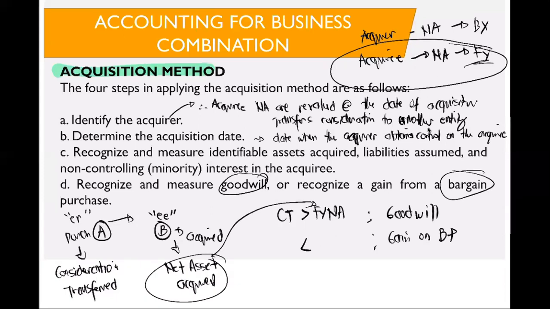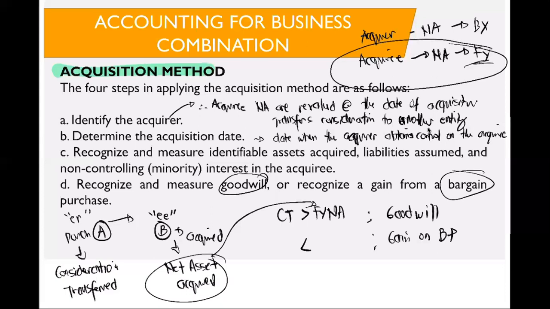Take note, non-controlling interest or NCI or minority interest is present only during stock acquisition, and only if the stock acquisition is less than 100%. And letter D, we recognize and measure goodwill or recognize a gain from a bargain purchase, depending on whether the consideration transferred is greater than or lesser than the fair value of net assets acquired. Okay?